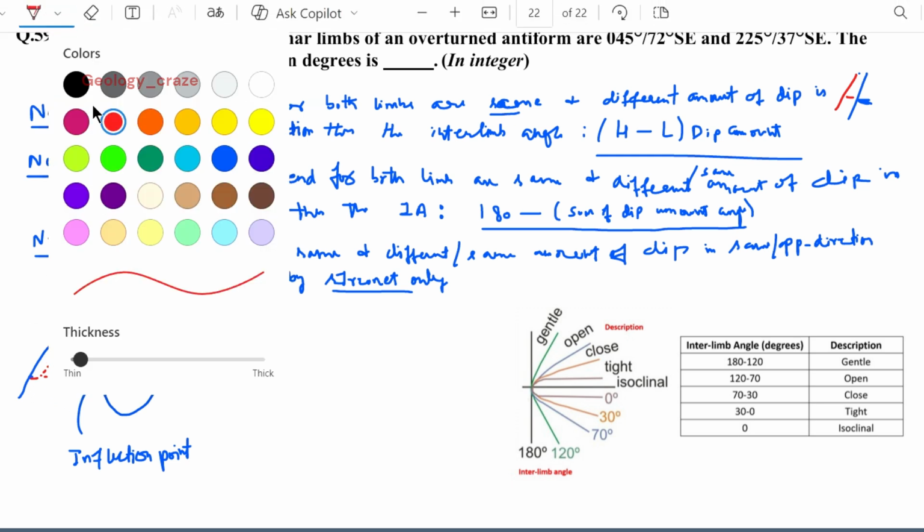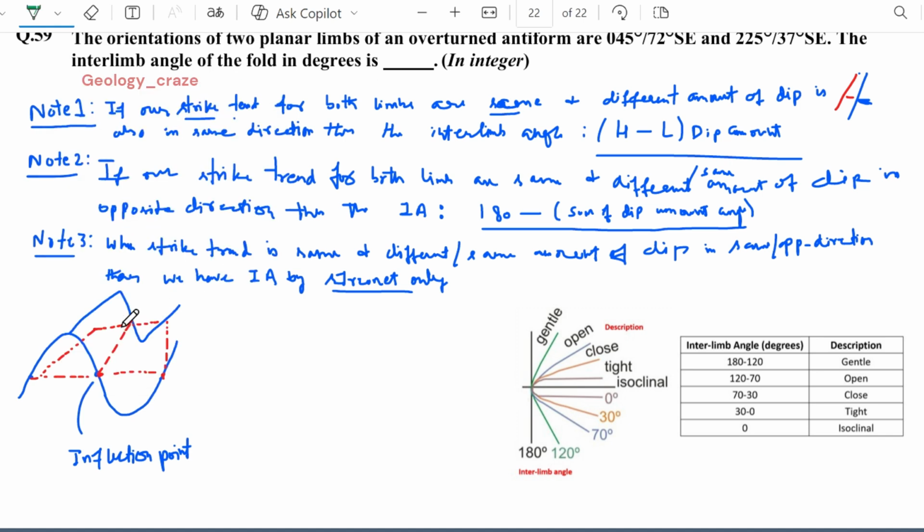Now next step is, at the median point, we will make 90 degrees, and we will draw a 90 degrees. We are getting like this. This side also.